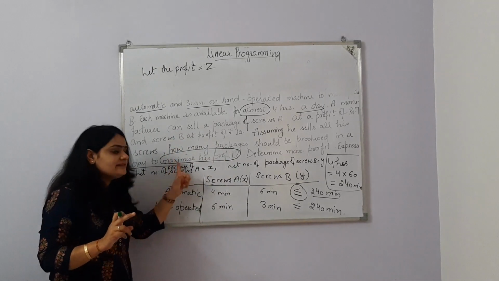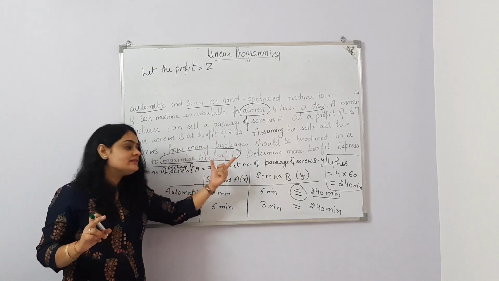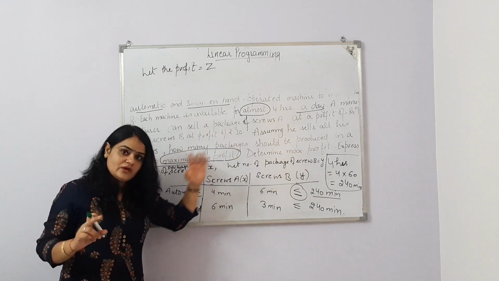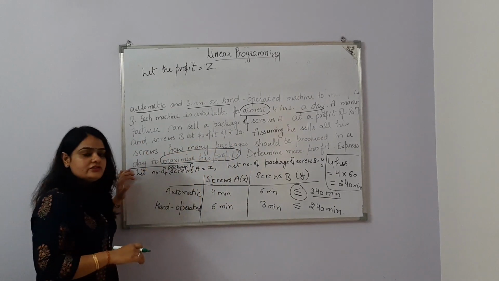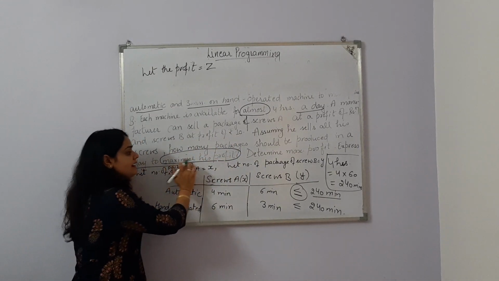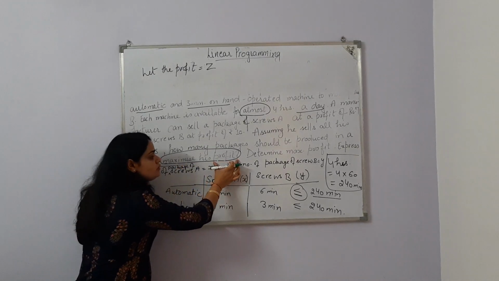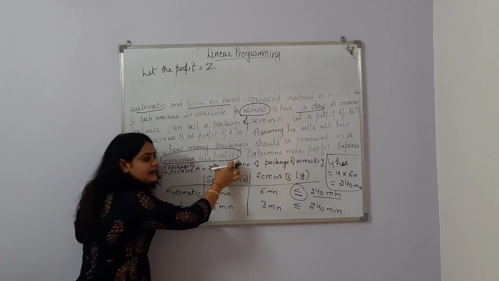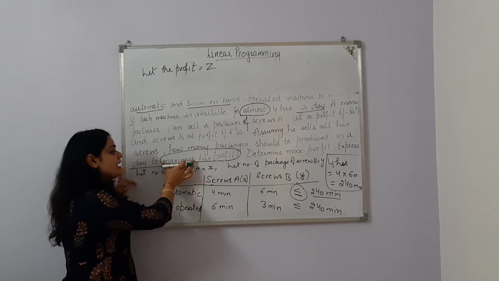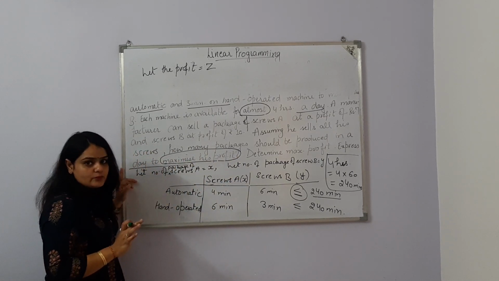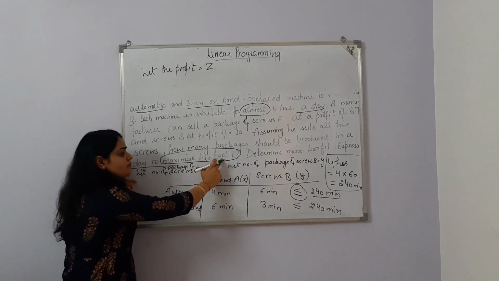The word maximize or minimize comes with another word, whichever is available in the question. Here it is profit. So we need to calculate profit. This is your Z, and we need to calculate the maximum value. So Z is profit.